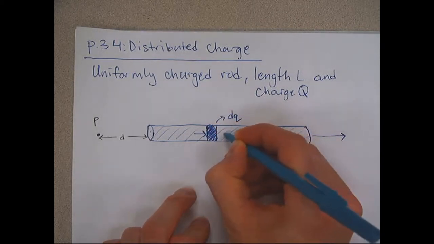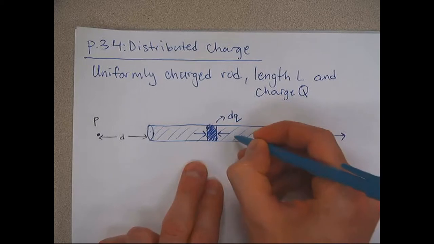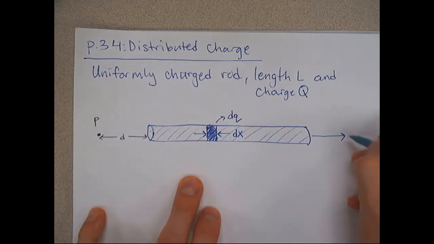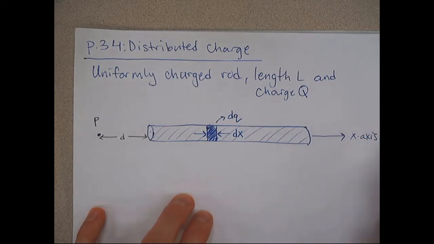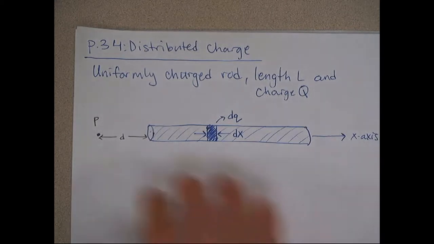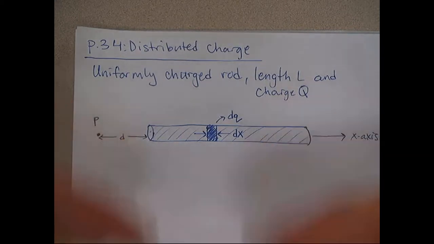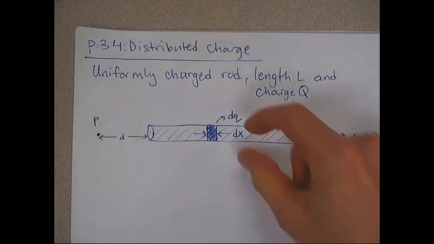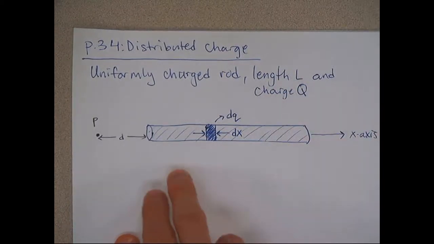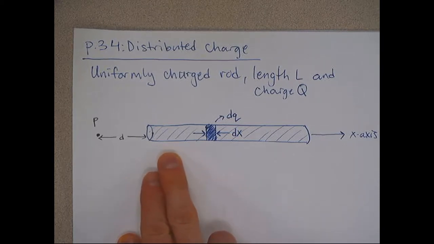Here the width of this dq is dx if we take this to be the x-axis, and our object only extends in one dimension along the x-axis. We draw it with some thickness here, but we don't want to take that into account for the solution of the problem. So it has a width of dx.